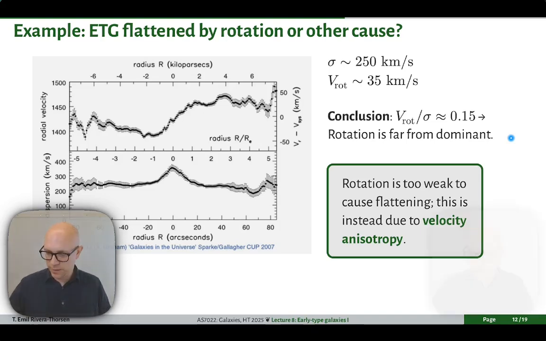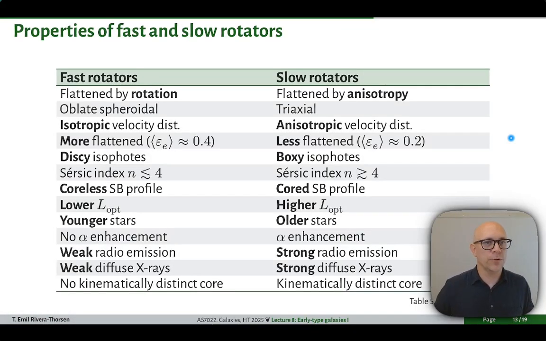Here we have an overview of the differences between fast and slow rotators. This is table 5.2 from the course book, which I have written into this slide here, but it's the exact same information. We can see that fast rotators are flattened by rotation, whereas slow rotators can also be flat, but they will be flattened by anisotropy.